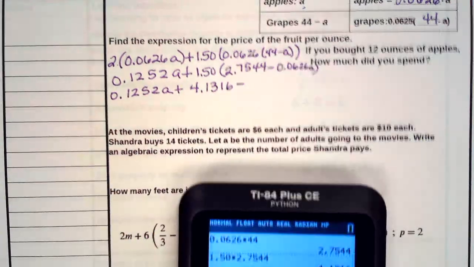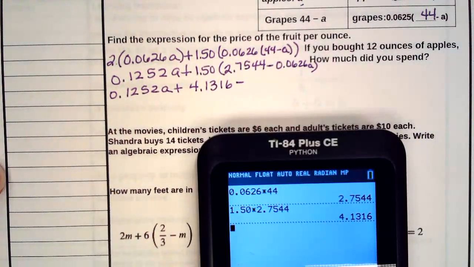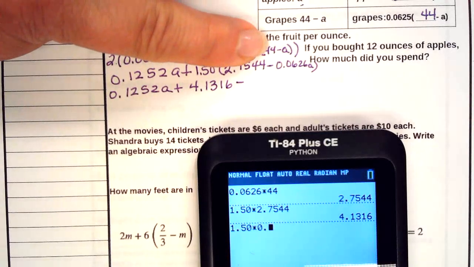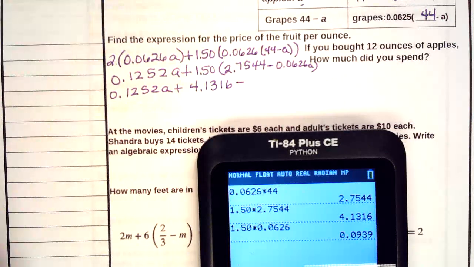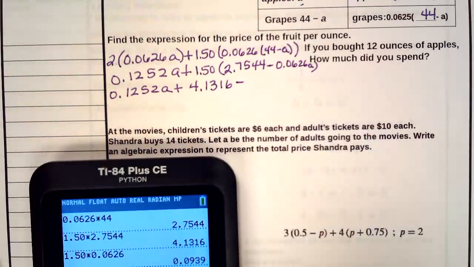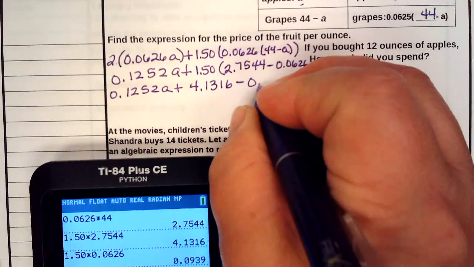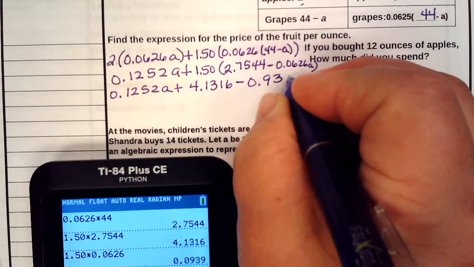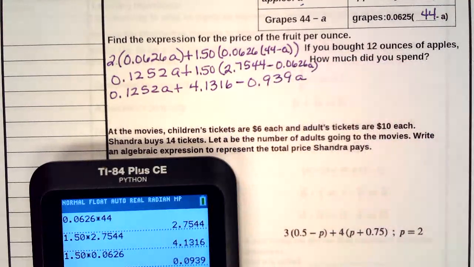Minus, that would be 1.50 times 0.0626, and I get 0.0939 A. Oh, that was a lot of work. Now what?